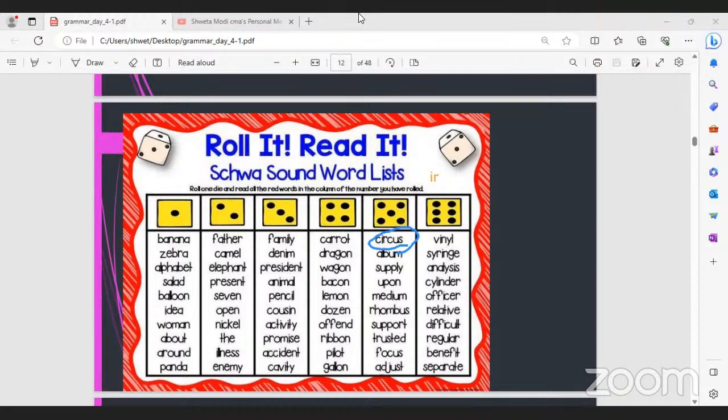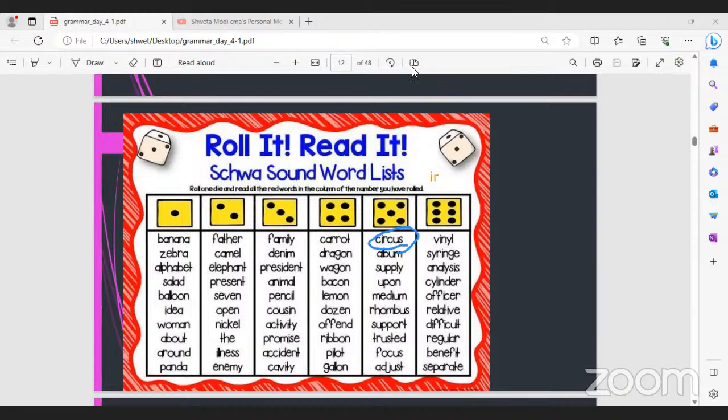No, it's not further. So it cannot be A. A cannot be schwa. Check it again, everyone. Yes, ER is giving a sound.